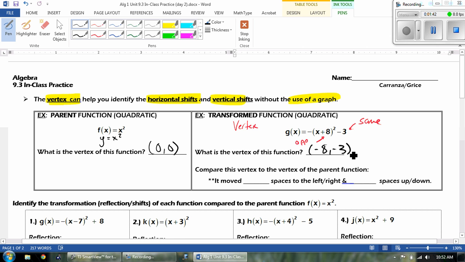So compared, if we're looking at the x and y, how many spots to the left did it go? Okay, it moved 8 spots left because it's saying -8. Then up or down, that's the y. It went 3 spots down.